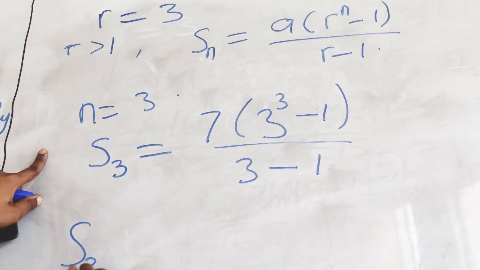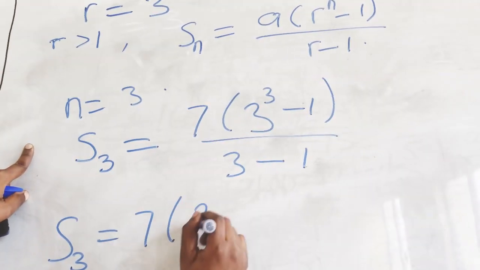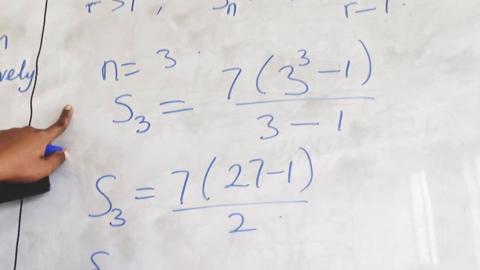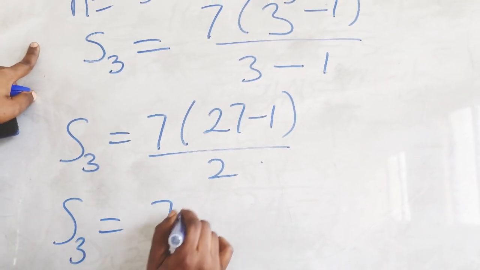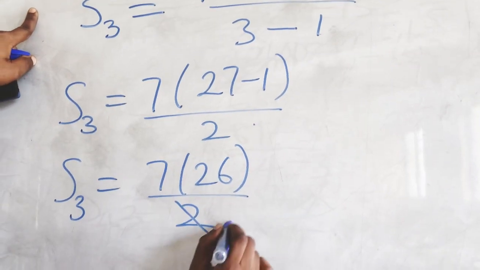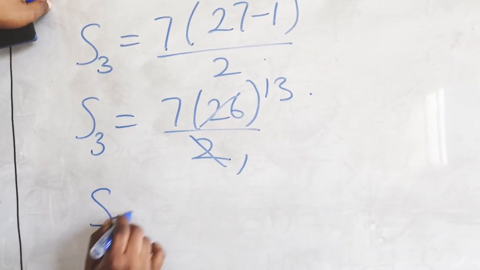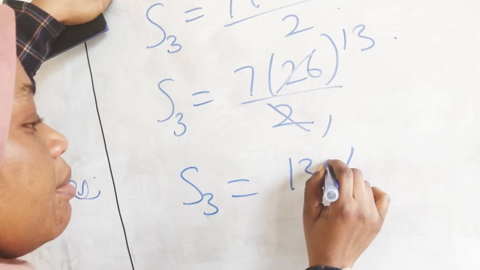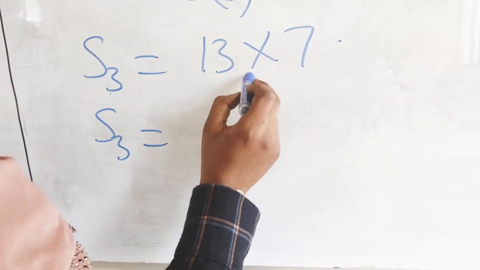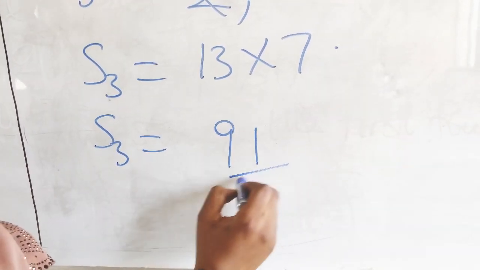So S subscript 3 is equal to 7 multiplied by 3 cubed, which is 27, minus 1 over 2. So S subscript 3 is equal to 7 multiplied by 26 over 2. 2 into 2 is 1, 2 into 26 is 13. So S subscript 3 is equal to 13 multiplied by 7, which is 91.